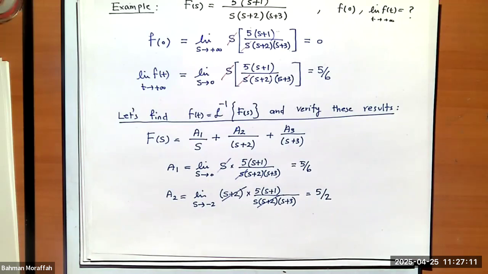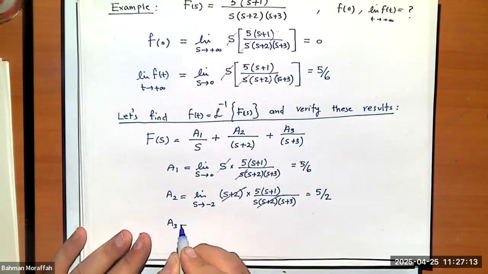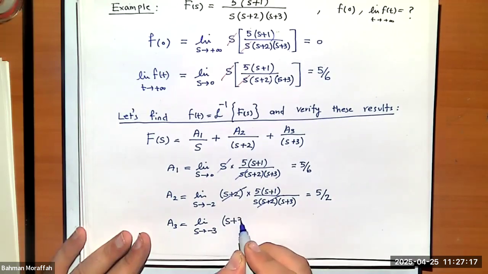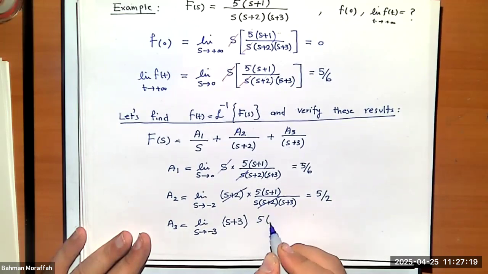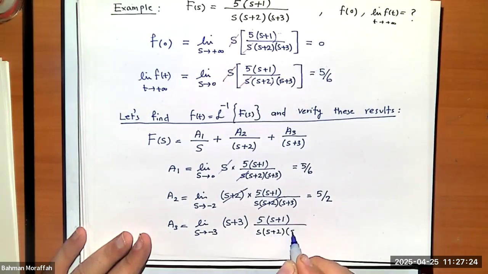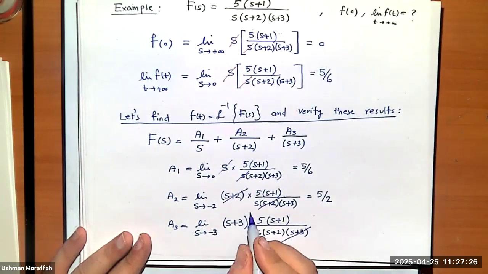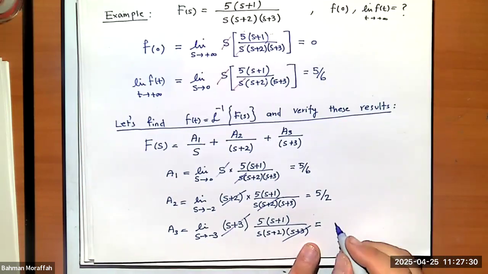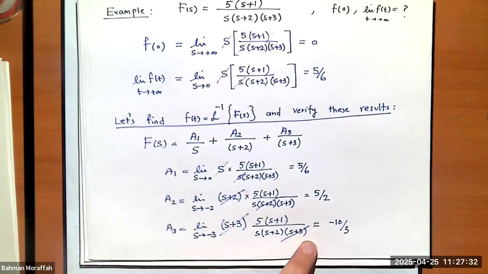Same thing for a3. a3 is the limit when s goes to negative 3 of (s + 3) times (5s + 1) divided by s times (s + 2) times (s + 3). The s plus 3 terms cancel each other out. If I compute it, that's negative 10 over 3.